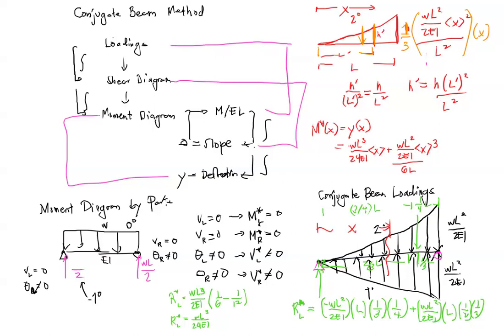So therefore, yung idadagdag ko ngayon dito is meron akong WL squared over 2EI times x raised to 4 over 12L squared. Ito yung elastic curve ko.